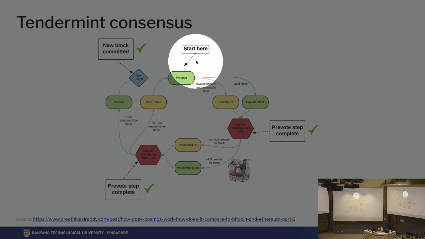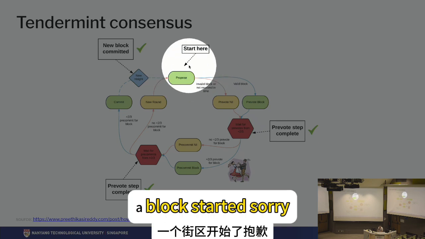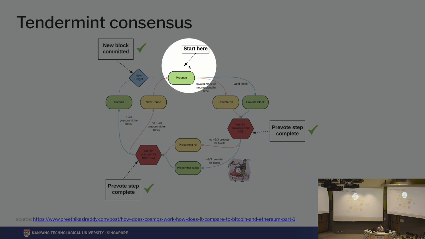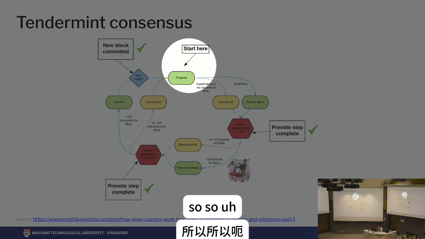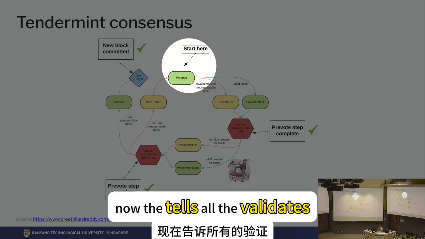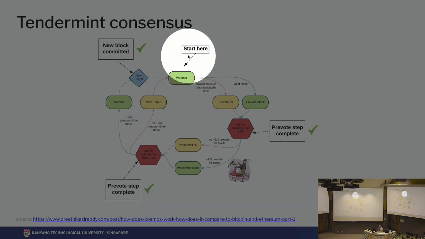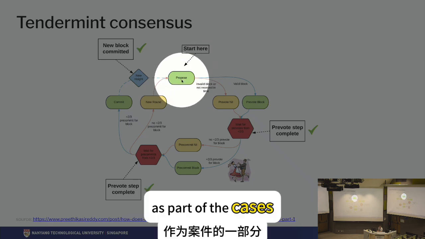When a block starts, there is a phase called propose, where the proposer tells all the validators, I'm proposing this block as part of the consensus.